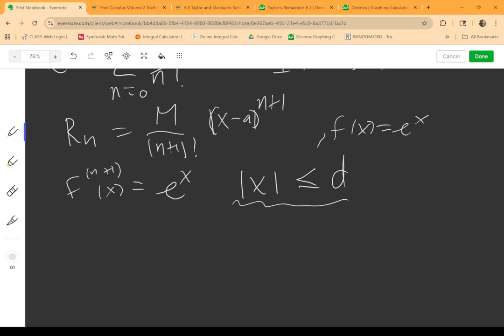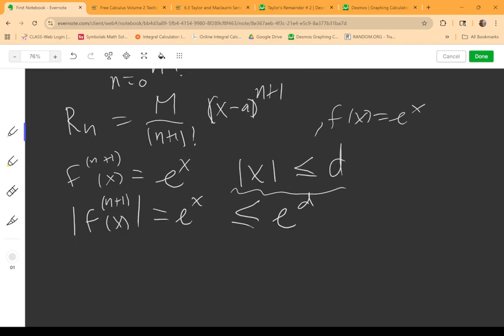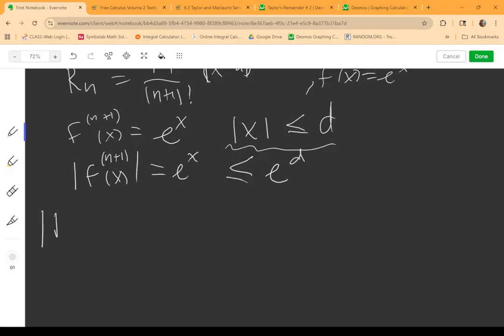Some finite value. So due to the one-to-one nature of the exponential, if the absolute value of x is less than or equal to d, then e to the x is less than or equal to e to the d.